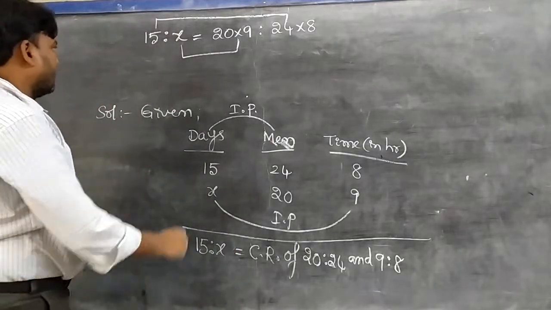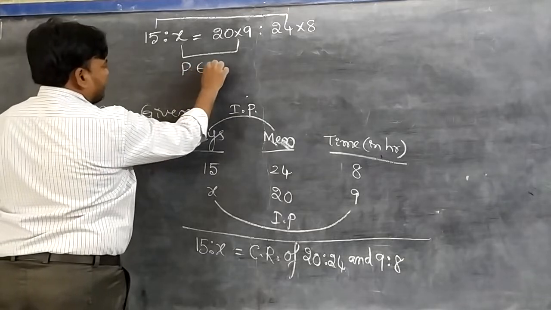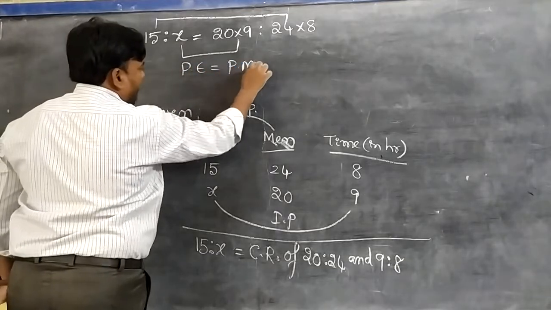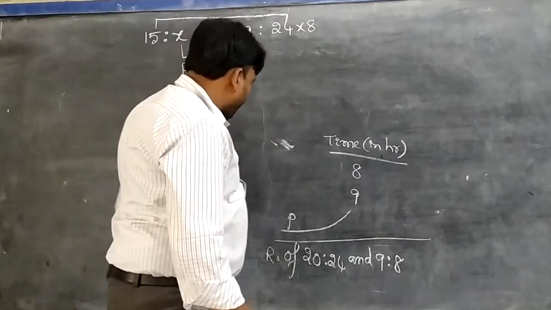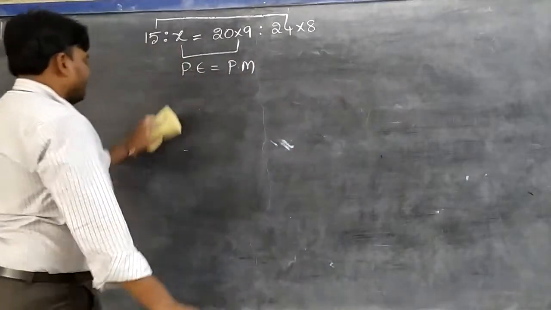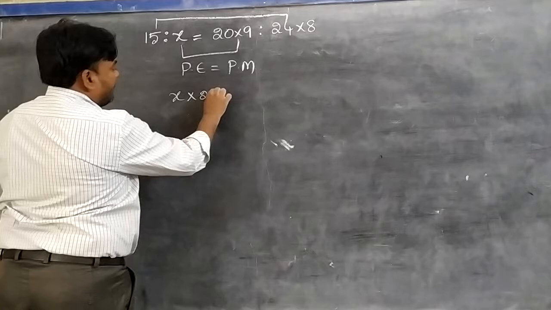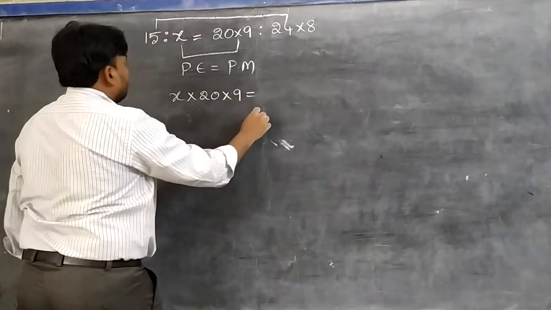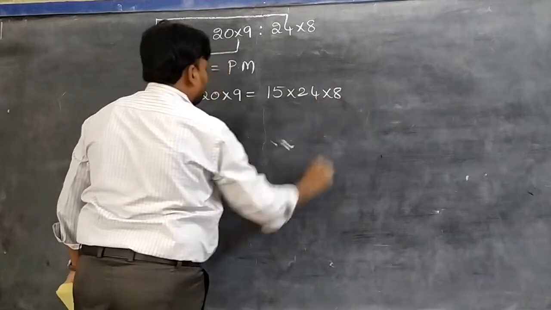Then product of extremes equals product of means. x into 20 into 9 equals 15 into 24 into 8.